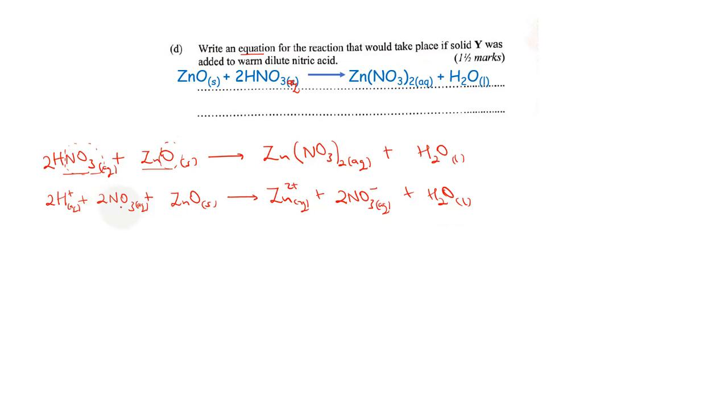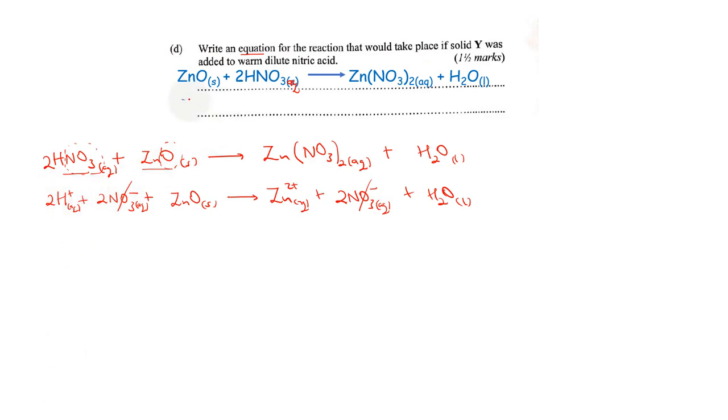So you'll find that we have the 2 nitrate ions on both sides, meaning they have not participated in the reaction. So that means they did not do anything. So we can cancel them out because they are spectator ions. So we shall remain with 2 hydrogen ions reacting with zinc oxide.